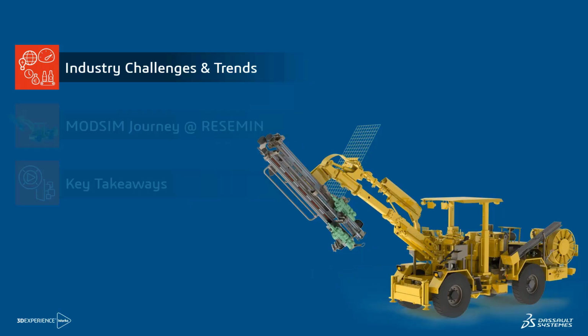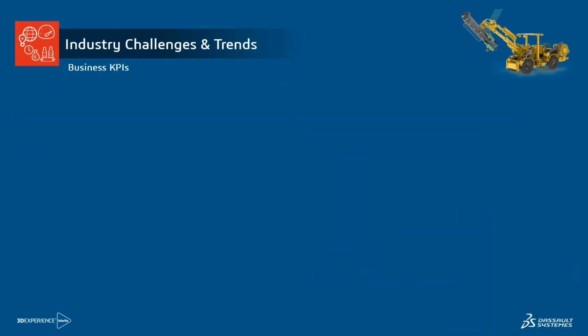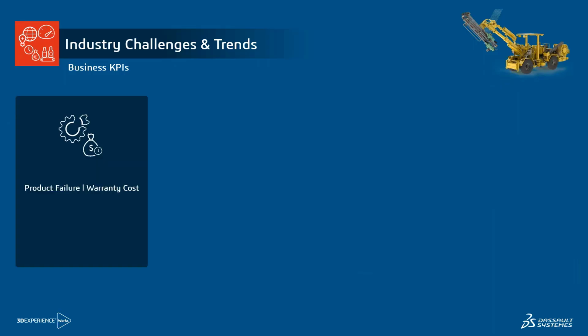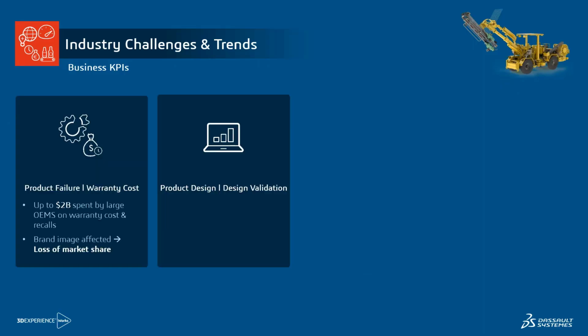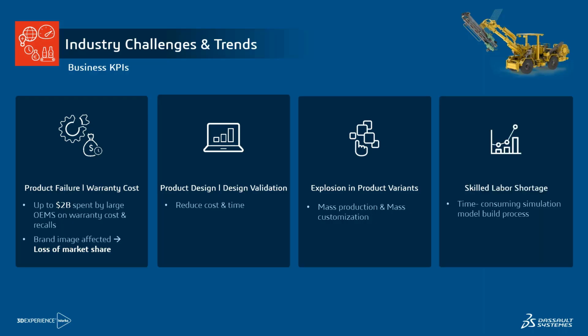So let's start by understanding the industrial challenges and trends. Industrial challenges differ for various industries, but for industrial equipment, as you can see on the screen, there is product failure and warranty. Almost 2% of the revenue this industry gains is utilized for warranty claims as well as product failure, which comes to a range of around $2 billion.